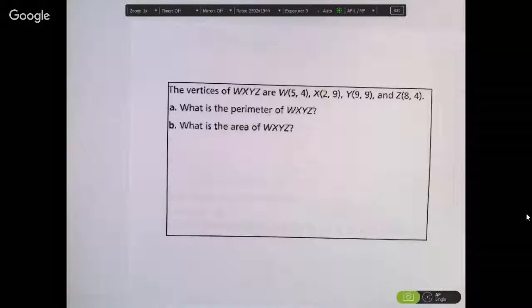Do you guys know the formula for area of a trapezoid? No. Miss McCarthy taught it to me, but I forgot. But you could cut it into triangles. Do you know the formula for a rhombus? It's a square, right? Okay. So you could cut it into triangles.